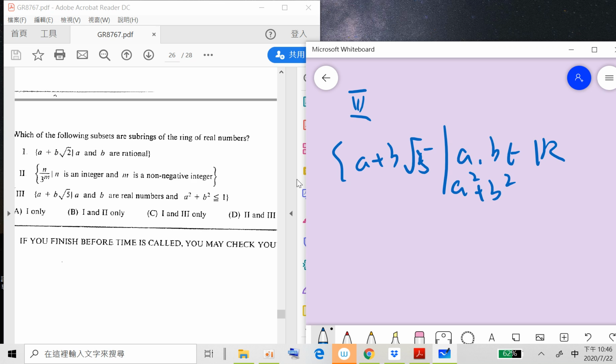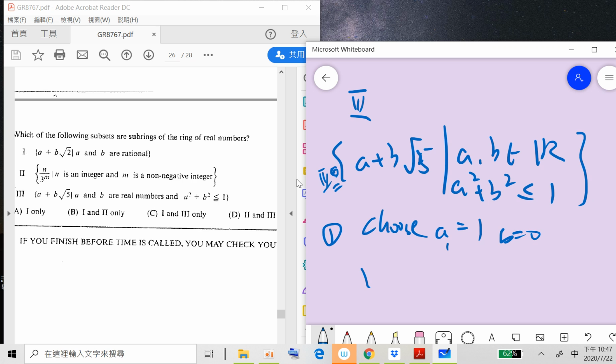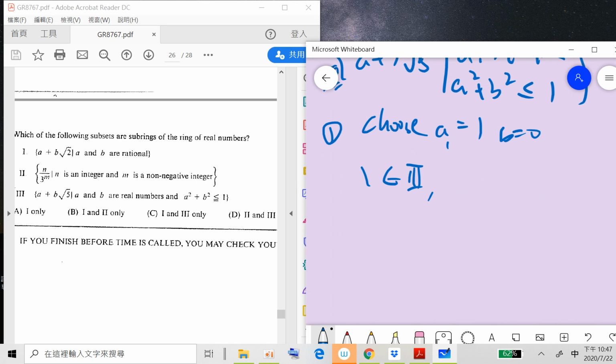Where a squared plus b squared is more than 1. Okay, so this is not a subgroup, because you can use 1 plus 1. I choose a to be 1, b to be 0, then we have 1 belongs to the set, and if we use 1 plus 1, then it's 2.